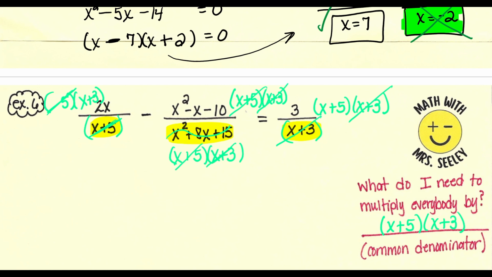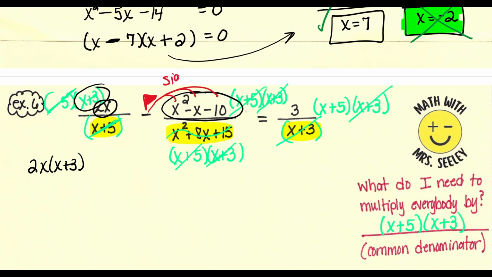And my x plus 3s cancel. All right, let's see what we got left here. We have a 2x and an x plus 3. Here we have this left, but we have this left with a warning sign, a warning flag saying be careful for your signs. That's what we have.